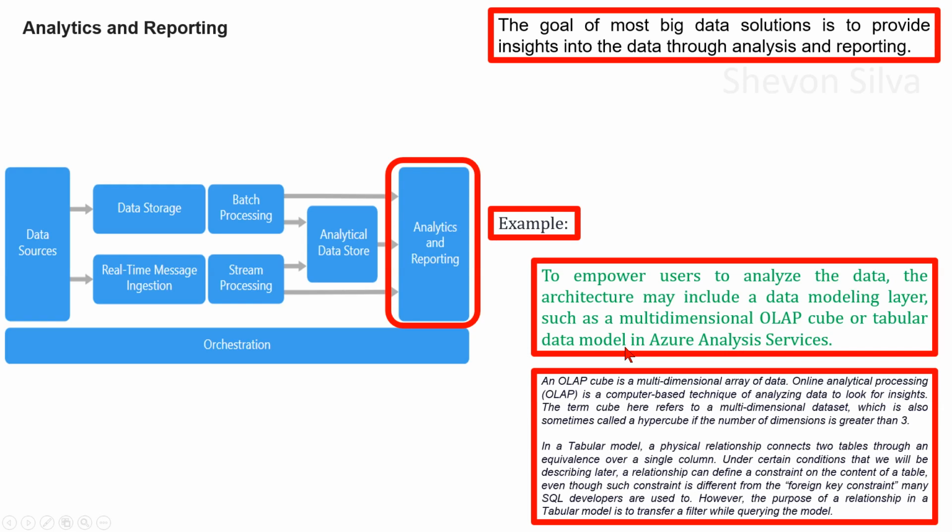A relationship can define a constraint on the content of a table, even though such constraint is different from the foreign key constraint many SQL developers are used to. However, the purpose of a relationship in a tabular model is to transfer a filter while querying the model.